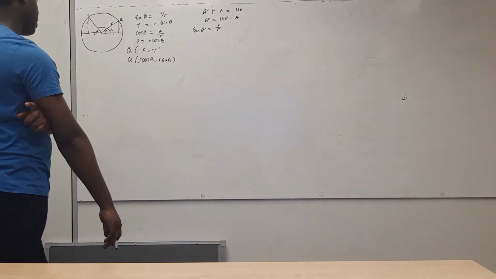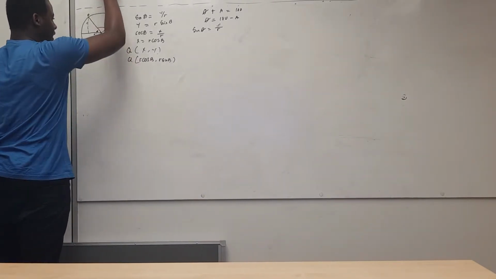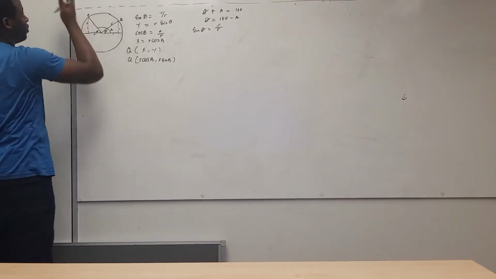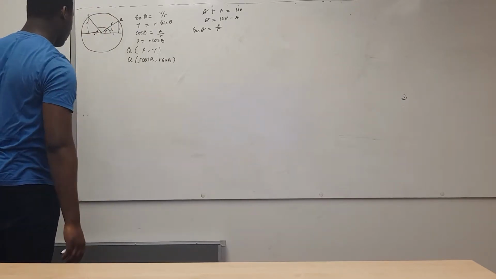Y is going to be a positive number because this is the y-axis, this is the x-axis. So at this point, y is still going to be positive. X is going to be negative at this point.